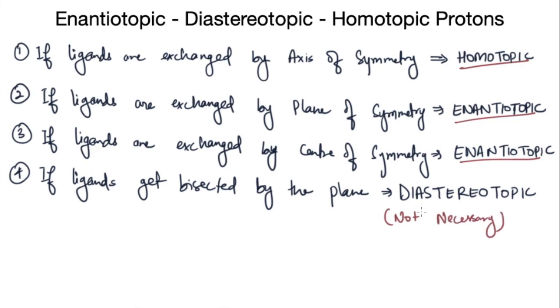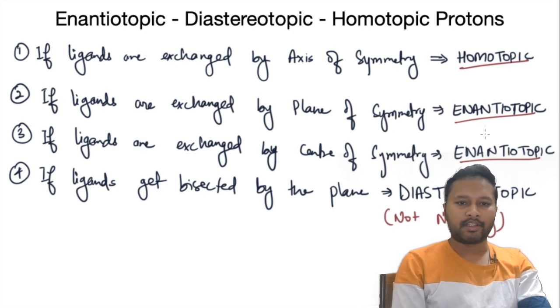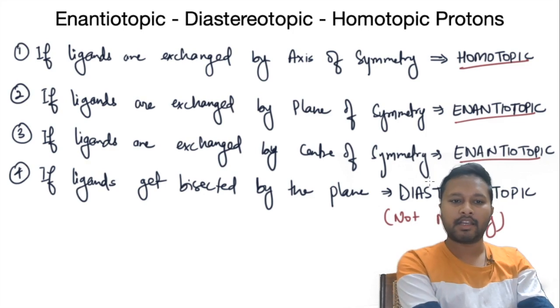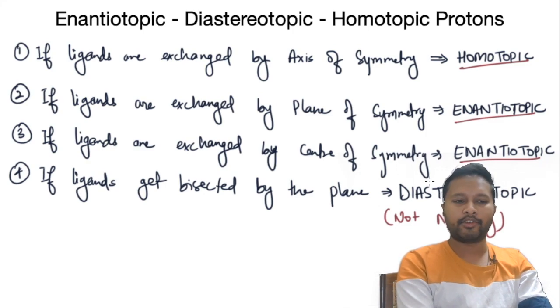Most of the time this happens to be true, but there are other factors you have to take care of. So these three things are very sure: if you can exchange them with the axis of symmetry, homotopic. If you can exchange them with the plane of symmetry, enantiotopic. If you can exchange them by the center of symmetry, then also enantiotopic. For diastereotopic, if these conditions are not followed and the molecule gets bisected, then you can say this is diastereotopic. So this is a general rule which you can follow, and you can easily find the relation between two molecules.